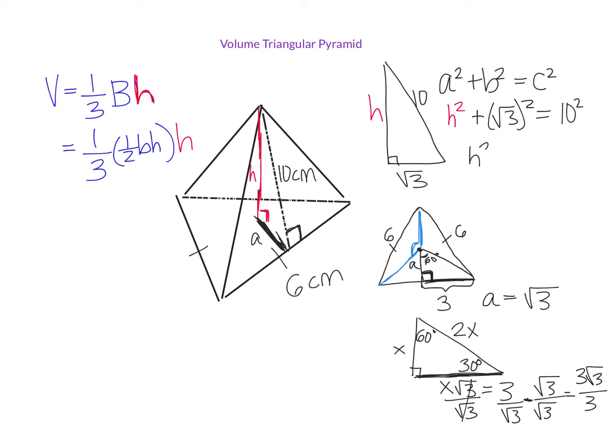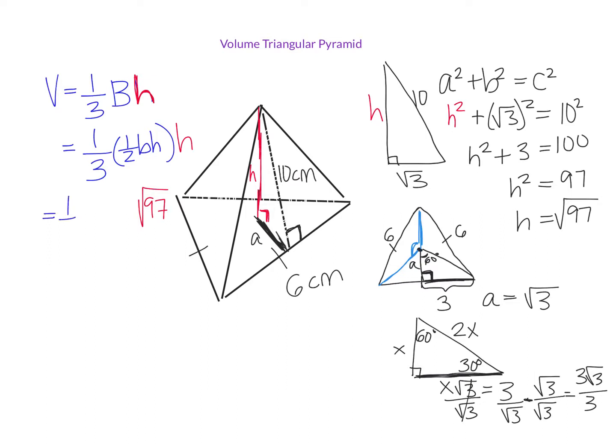Okay, so I have h squared plus 3 is equal to 100. I'm going to do some subtraction to get 97. Then I want to take the square root. So the height of my pyramid is the square root of 97. So I'm going to write that right here. And let me fill in the rest of my equation here.